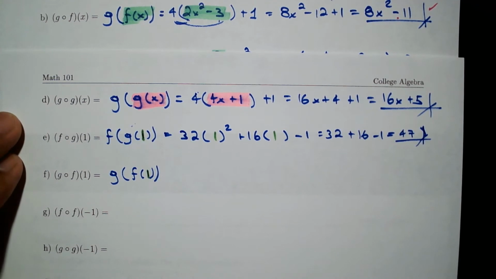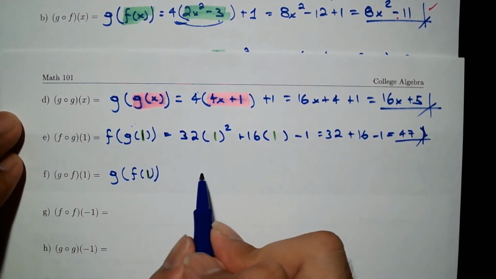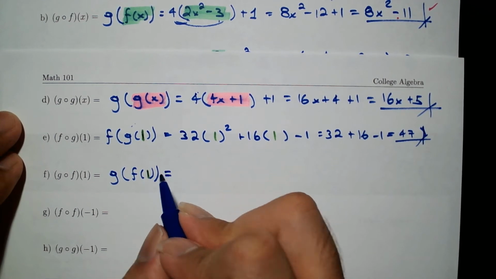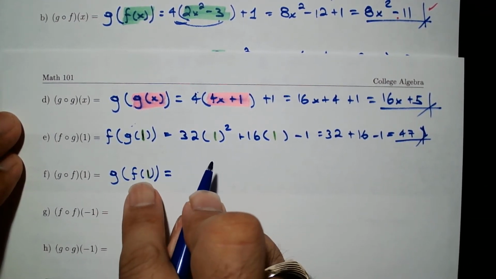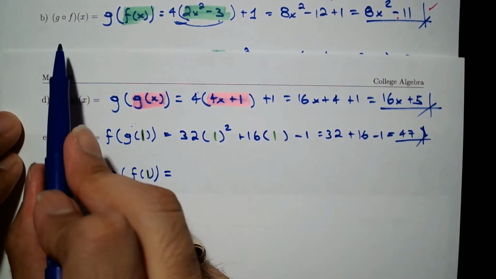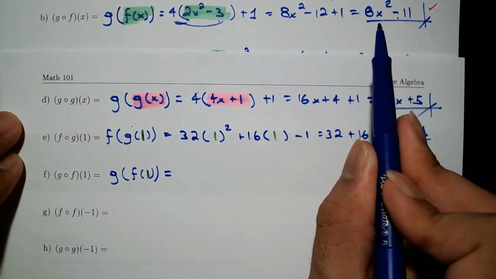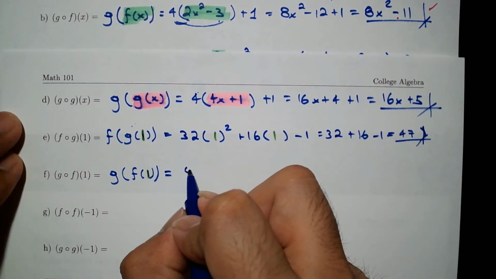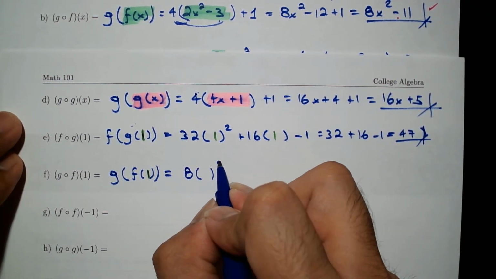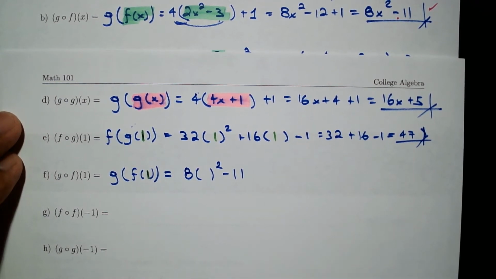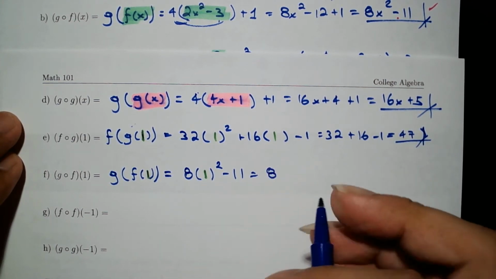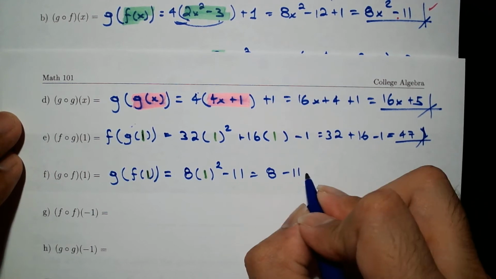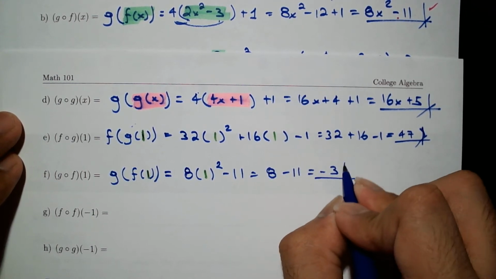First, we do these calculations, and then the machine imagery will come up next. Okay, so g evaluated at f of 1. So all we do is use this function, which is 8x squared minus 11. Plug in 1. And that's 1 squared, which is 1 times 8 is 8, minus 11, that equals negative 3.